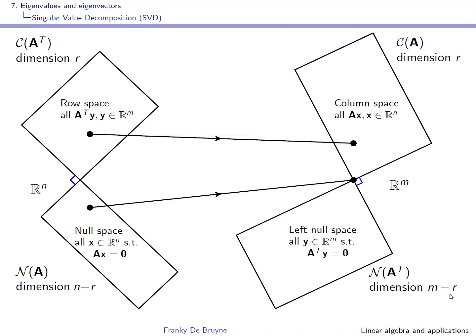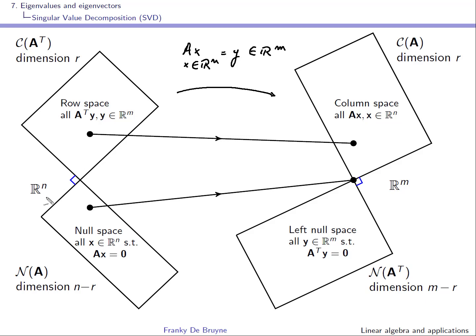So remember this abstract view of the four subspaces associated to a matrix A. Remember that a matrix A takes a vector that is in Rn and produces a vector y that is in Rm. So you can symbolize this using this vector over here.